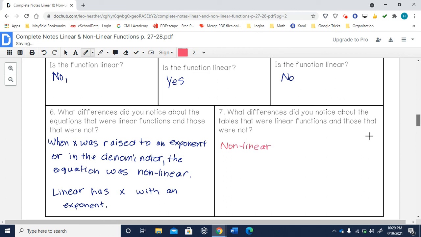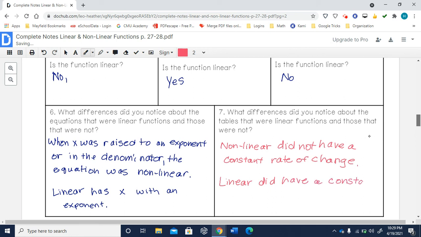Nonlinear did not have a constant rate of change. Whereas linear did have a constant rate of change. Okay?